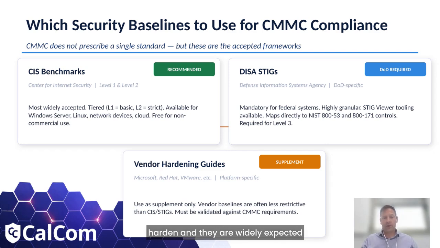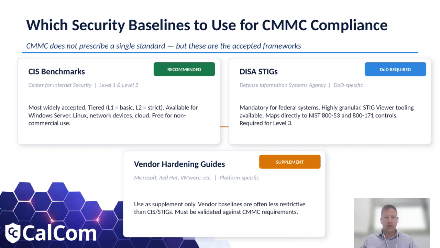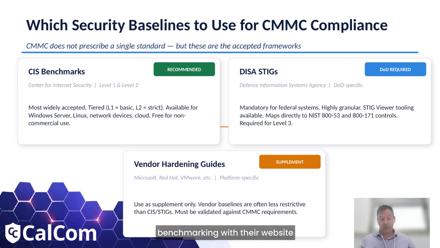They are widely accepted across both the private sector and the public sector, with a level 1 basic baseline and a level 2, which is more strict, and are available for most systems. Windows servers, workstations, Linux, network devices, you can find CIS benchmarks for all of them just by going to their website and downloading the benchmarks.